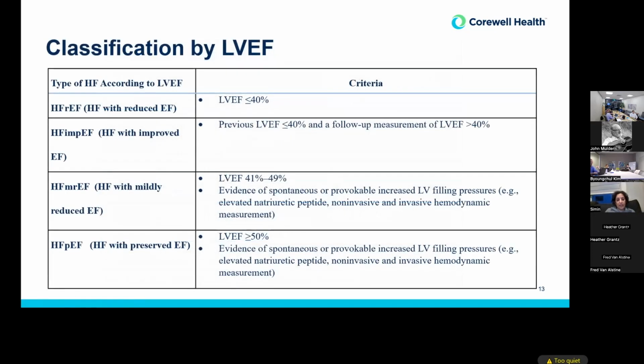So the classification by the left ventricular EF, again, I know you're all aware of this, so I'll just go through this quickly. When the EF is less than 40, we call it heart failure with a reduced EF.